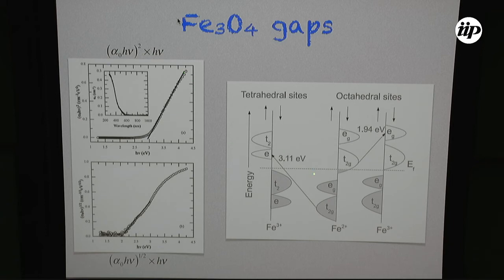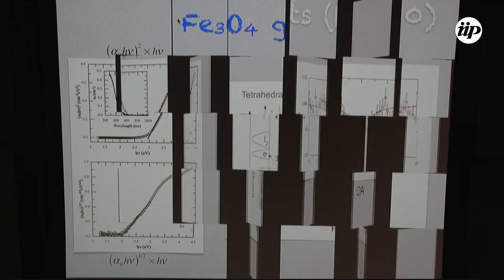These are essentially one possible transition between the octahedral to tetrahedral sites and another one in proper tetrahedral. Here you have the absorption of one photon, and here the absorption of two photons. This is our basis to choose 800 nanometers for the experiment.